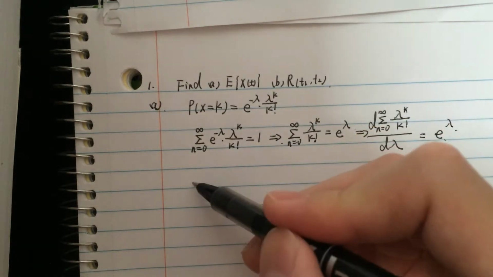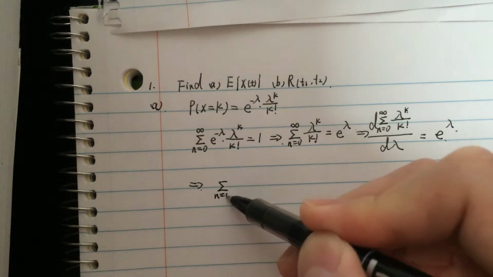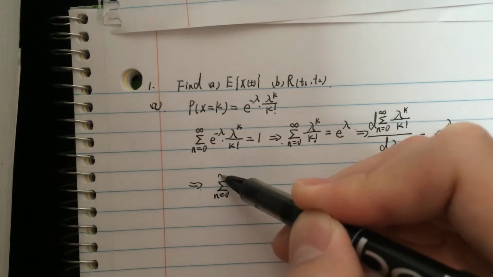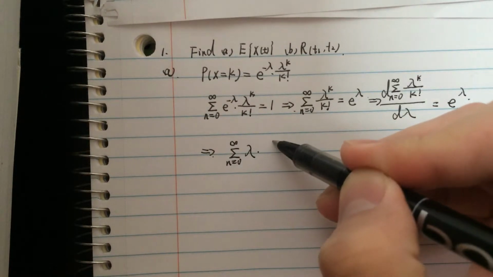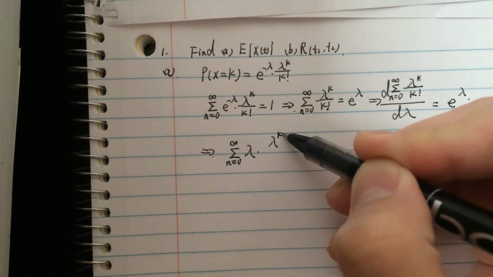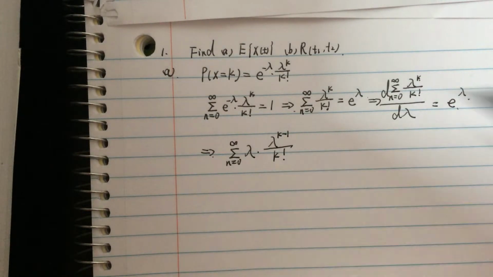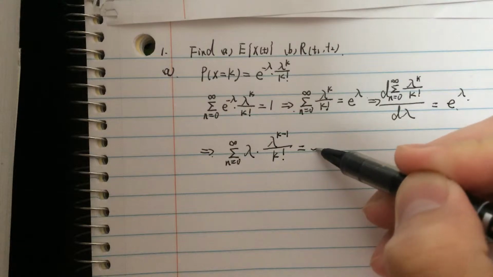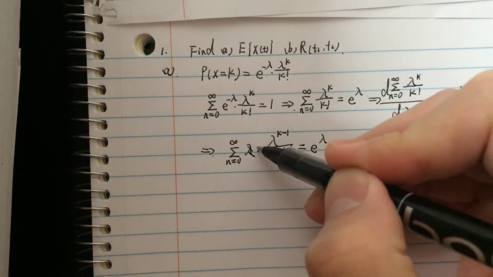We can do the calculation, and this will become the sum of k times lambda to the k minus 1 over k factorial, and equals e to the lambda. Oh, sorry, it's a k.